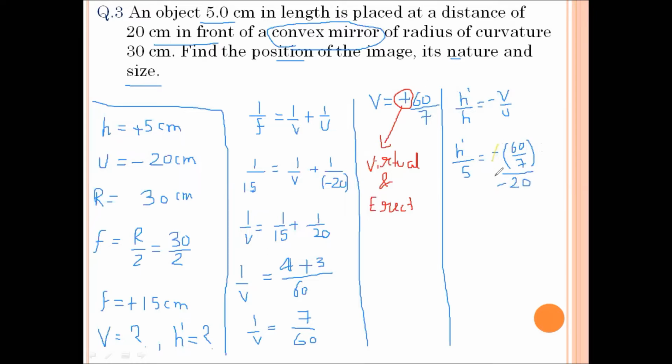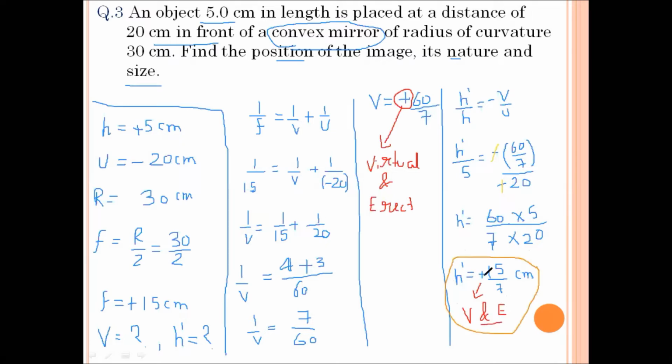We can cancel these negative signs. h dash comes out to be 60 by 7 into 5 by 20. So on solving, h dash comes out to be 10 by 7 centimeter. It comes positive. The positive sign denotes that the image formed is virtual and erect.